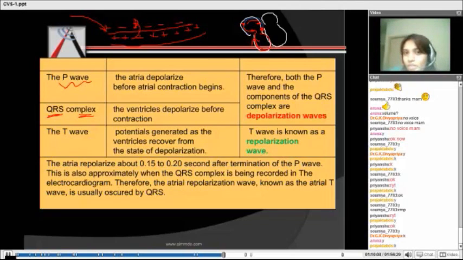Now you know that there is a delay in the AV node, and after that the wave goes down here and travels across the Purkinje fibers throughout the ventricles. This excitation wave that sweeps across the ventricle gives you the QRS complex. So these two, the P wave and the QRS complex, are the depolarization waves.